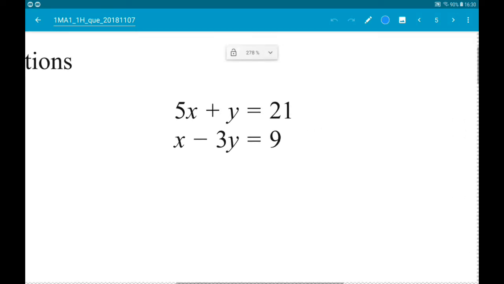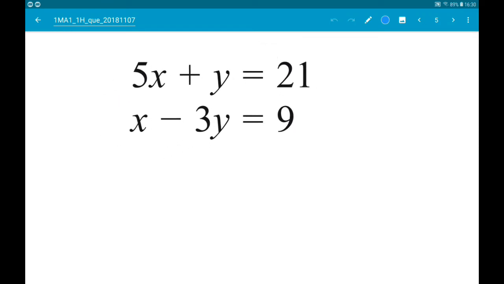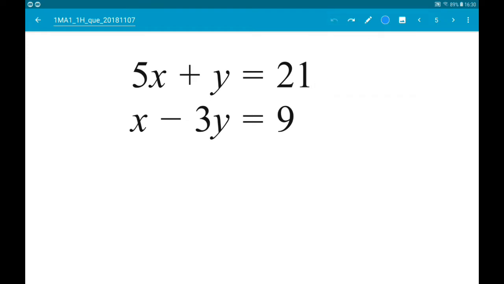Okay, so the trick of these is to, first of all, call them 1 and 2. Now we need 2 equations with the same amount of the same letter.